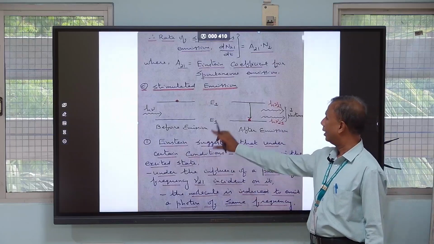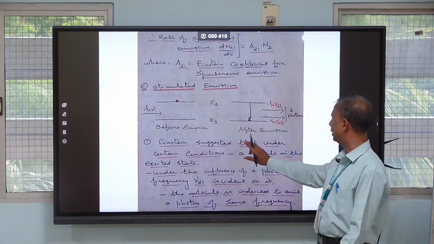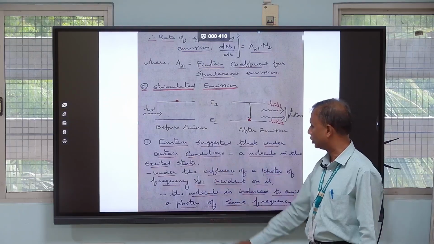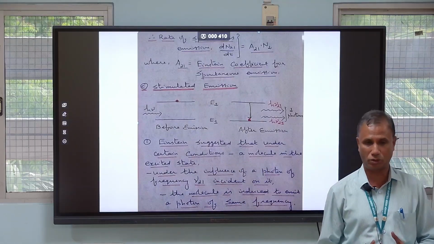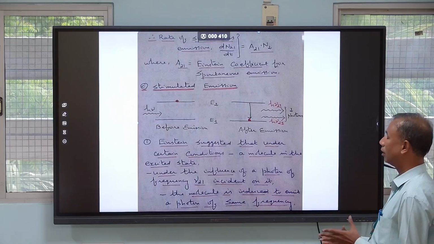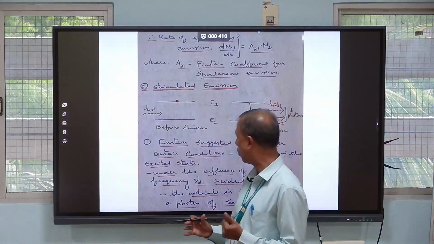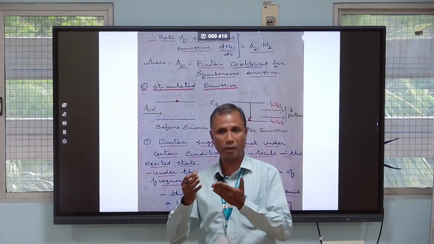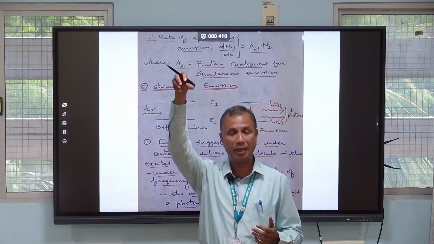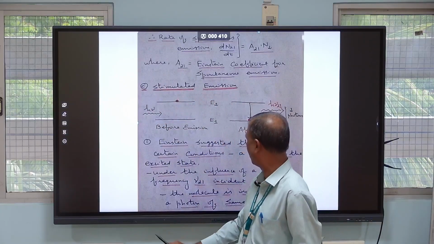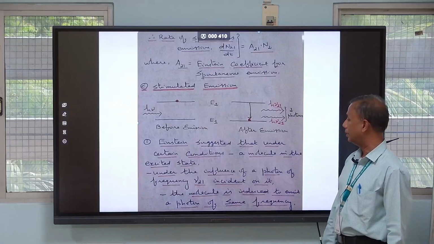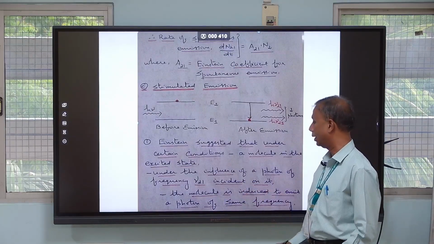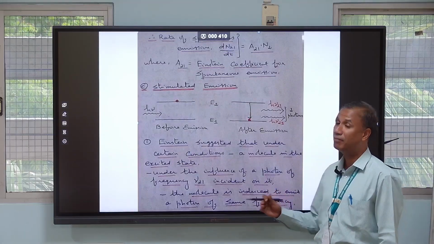Einstein suggested that under certain conditions, a molecule in the excited state, under the impact of a photon of frequency nu 21, is transferred from the excited state E2 to E1. Under the influence of a photon of frequency nu 21 incident on the system, the molecule is induced to emit a photon of the same frequency.